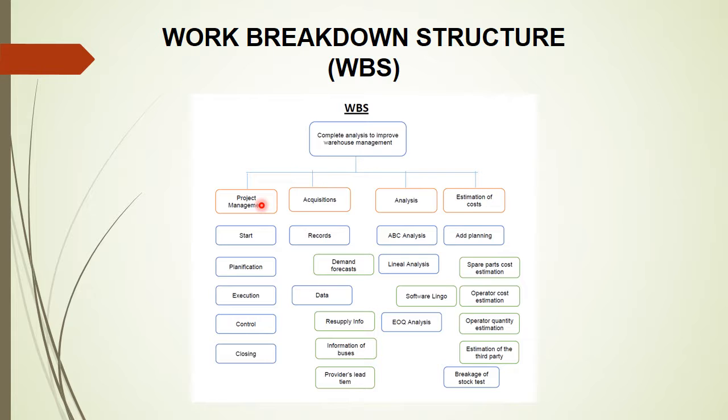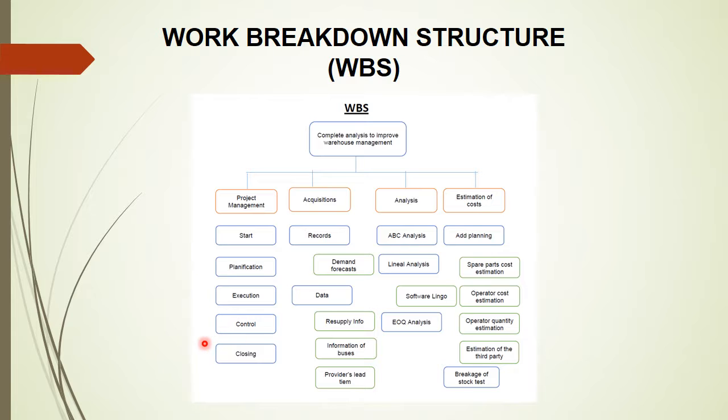For the project management, we always have an order. First is to see the problematic. Second is the planification, how to solve the problematic. Execution, when we are trying to solve the problematic, doing stuff that is not just talking but also doing real stuff.